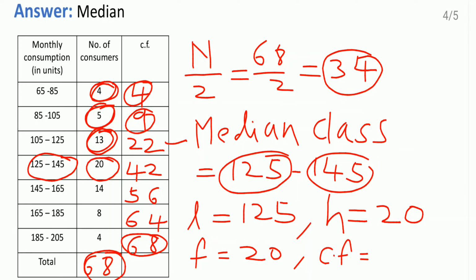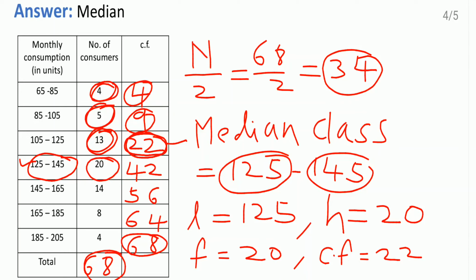This median class is there, so you need to write down CF of the previous class. So 22 is the CF, the cumulative frequency. See, these values you have to write in a proper way.